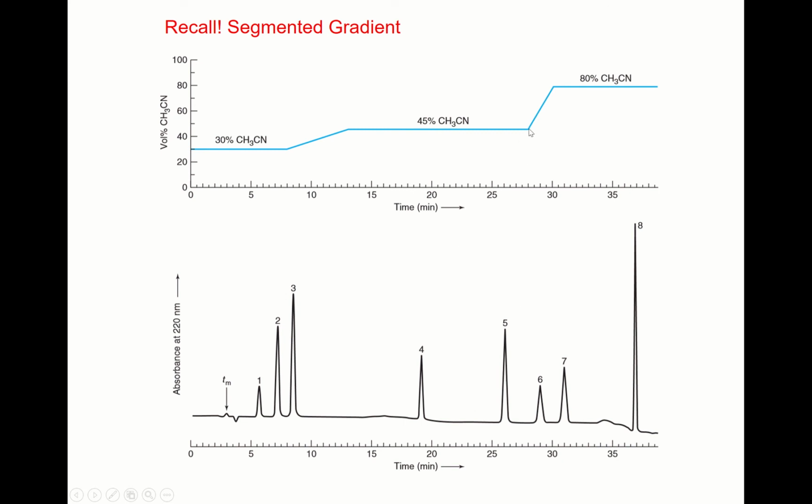If you keep maintaining this ratio, compounds 7 and 8 may appear quite late. So here again you program the acetonitrile, increasing it to 80%, with 20% aqueous buffer, and then you get compounds 7 and 8.